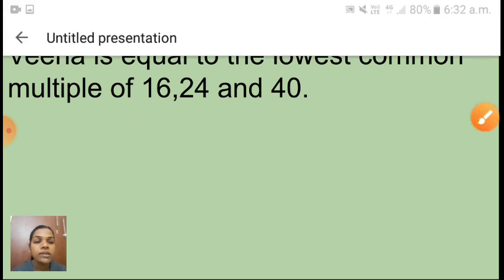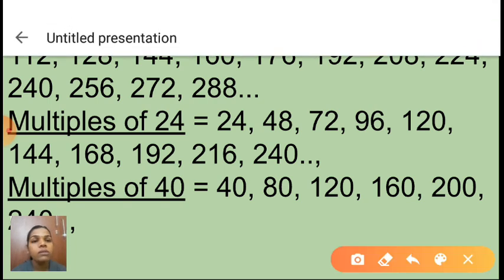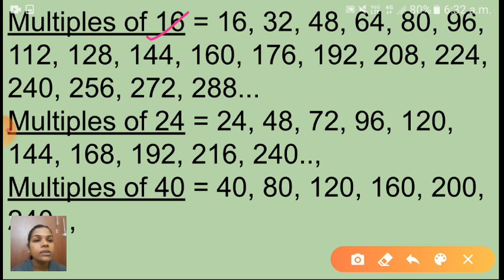Okay, so on the next slide I have written the multiples of 16, 24 and 40. Multiples of 16 are 16, 32, 48, 64. So you have to find and write. I have written here up to 288. If you want, you can write more, otherwise you can stop at 288.